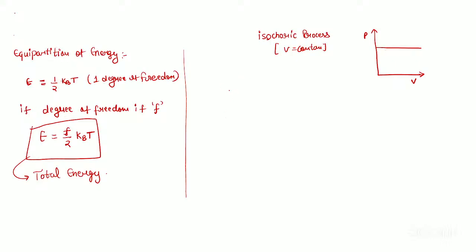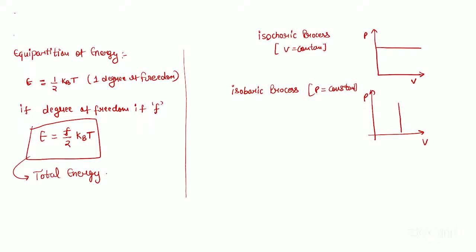The second process is the isobaric process. Now, what is the isobaric process? The process which has constant pressure. Here the pressure will be constant. So if the pressure is constant, with P on one axis and V on the other, the graph will become like this.